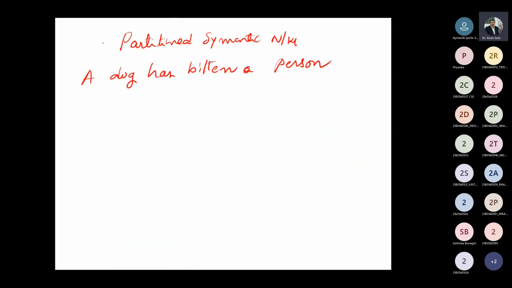When you have three related statements, what the partition semantic network does is this: you have a dog, you have a person who is the victim, and you have different types of bites based on the intensity of the biting.